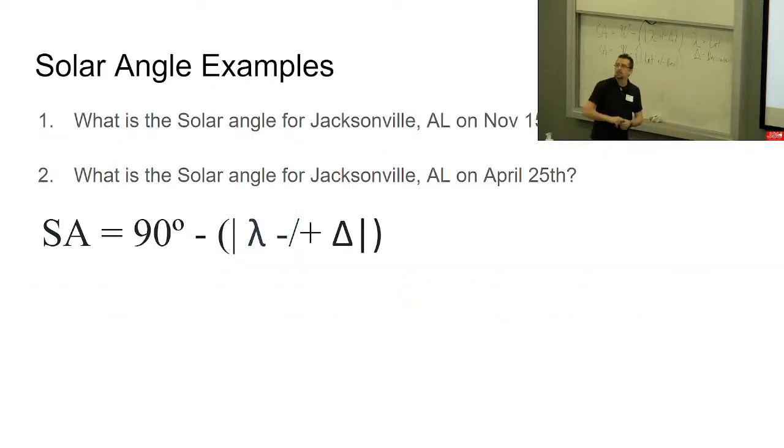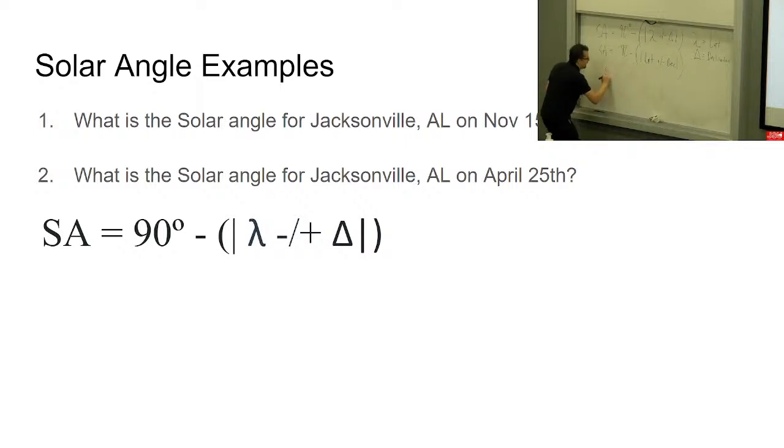Here we go. Let's do this one. The solar angle for Jacksonville, Alabama on November 15th. So, using that equation, how would you solve this? We're going to do it together.